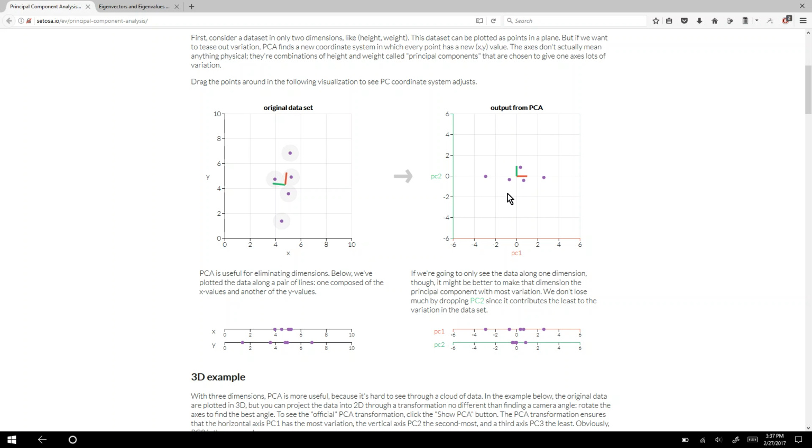Okay, and you can see in the principal component, this is what the 5 data points look like right here.